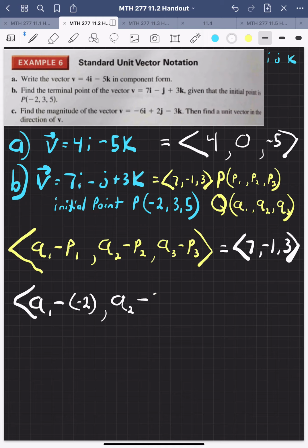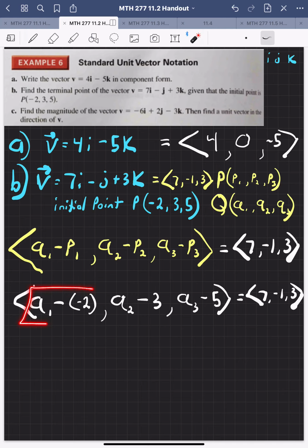I'd have 3. Then it's going to be Q sub 3 minus 5. And this has to equal 7, -1, 3. All right, I hope that you're with me.